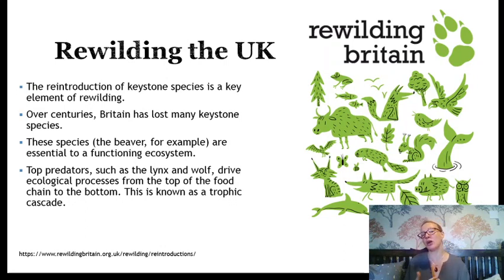Now, obviously, if they're going to reintroduce organisms to a particular area, then they need to speak to the local people in that area and make sure that they're happy for a particular species to be reintroduced.